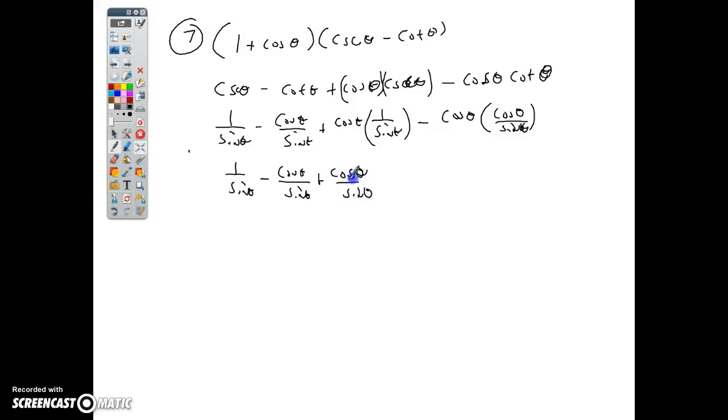Hey, wait a second. Aren't those the same thing? They cancel. A minus and a plus, don't they go away? Minus cosine squared over sine theta. So I got 1 minus cosine squared over sine theta. Agreed?